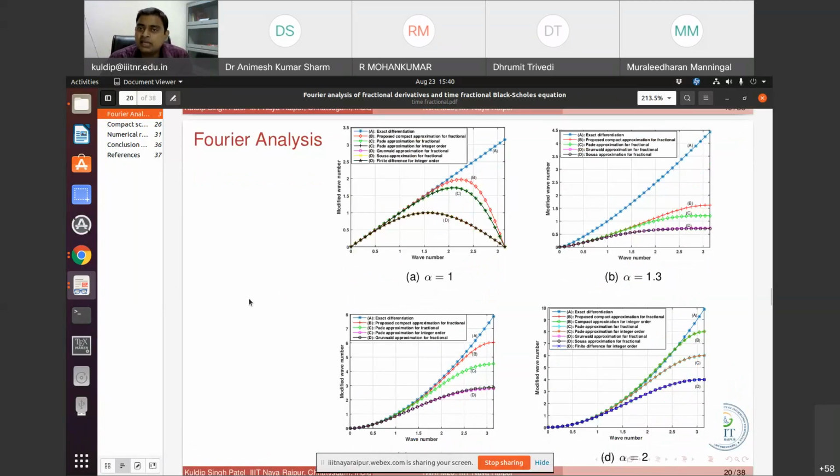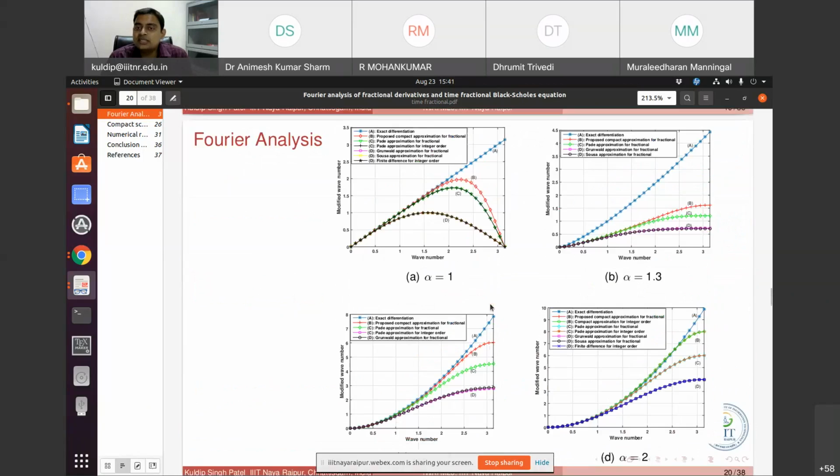And how does this have impact and everything? I shared one paper by Lele. I requested everyone who is interested to see that paper by Lele. It is a very fundamental paper which tells about why we need this Fourier analysis and what can be done in this direction. So one advantage, at least I have shown in terms of fractional derivative, is that this compact scheme is advantageous.